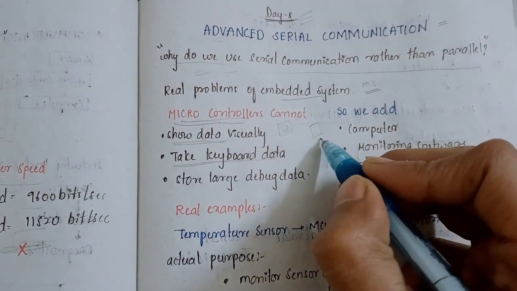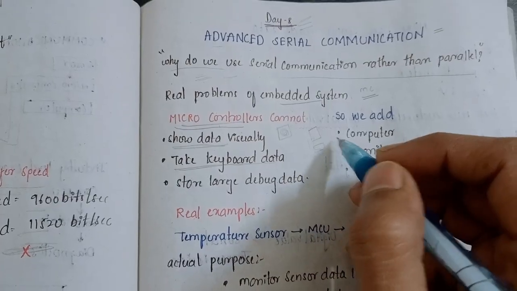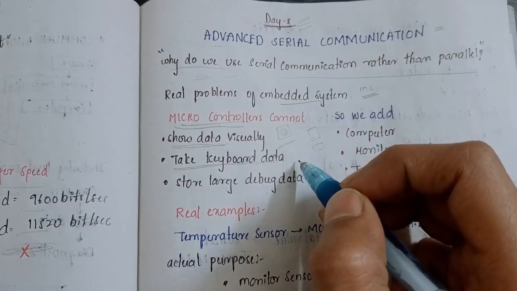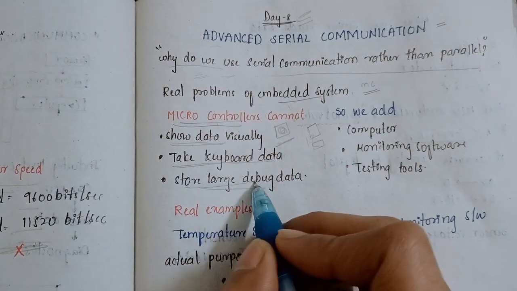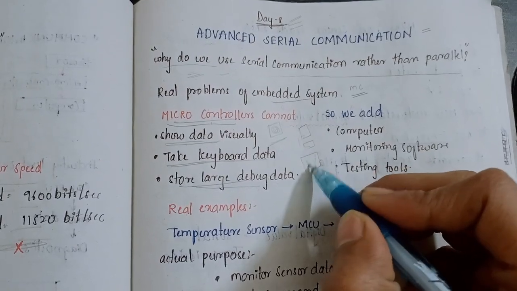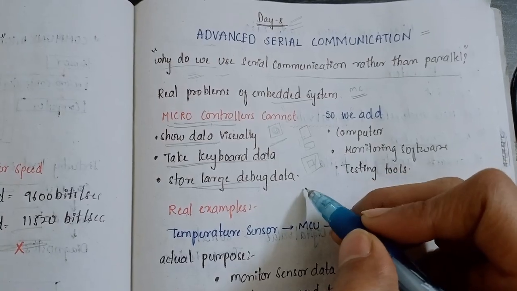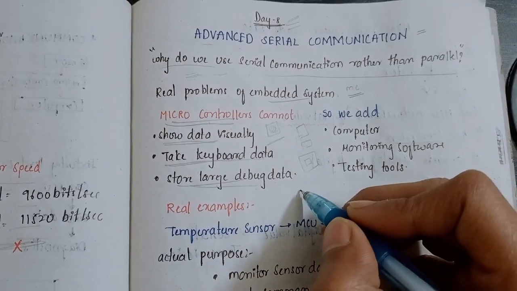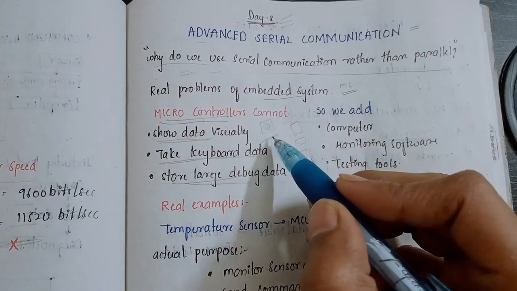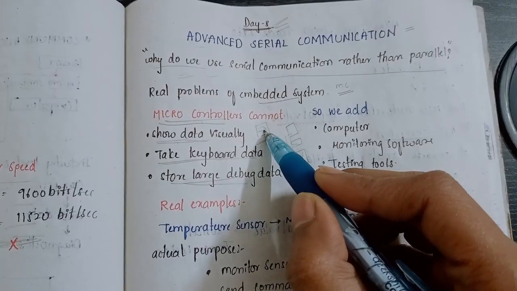If you imagine a computer, we can give the data directly using a keyboard, but that's not possible in microcontrollers. It also has heavy storage issues, as a microcontroller contains a small part of a microprocessor and only has a little amount of memory storage.